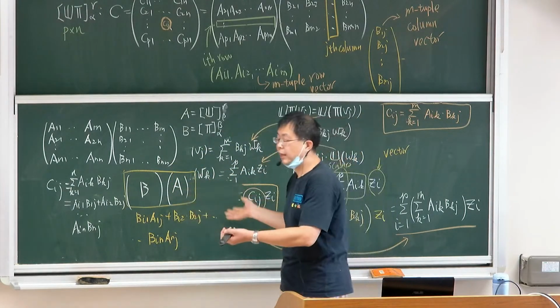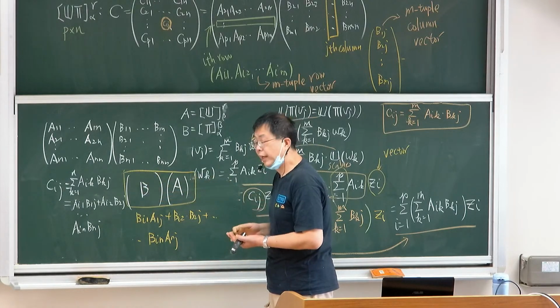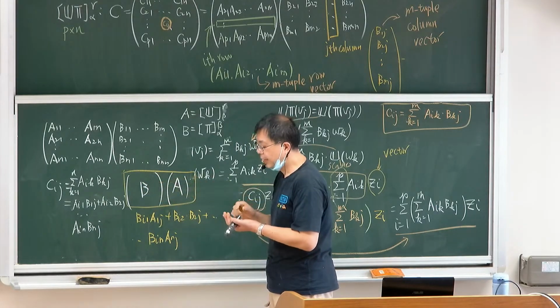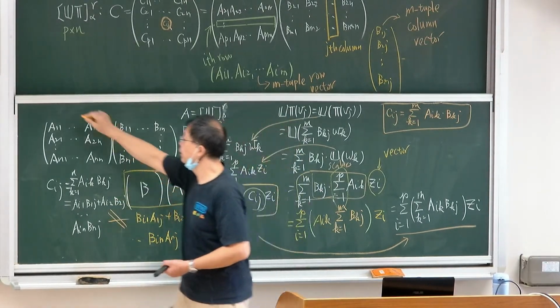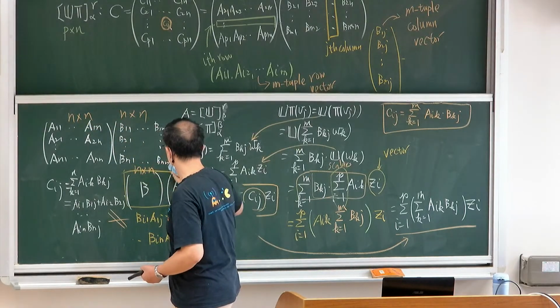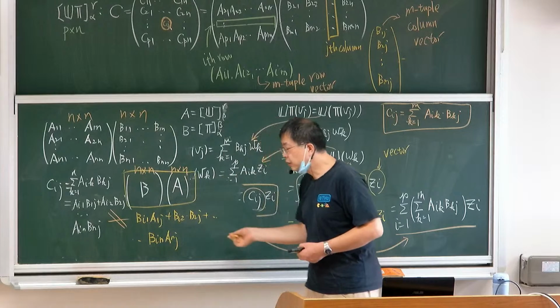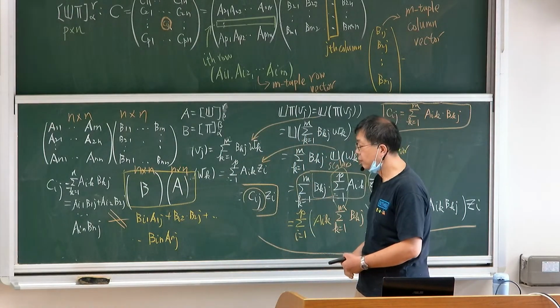Okay, the elements are not the same. AB ij is not equal to BA ij. So even with the same dimension, n by n, the resulting multiplications of matrices are not the same.